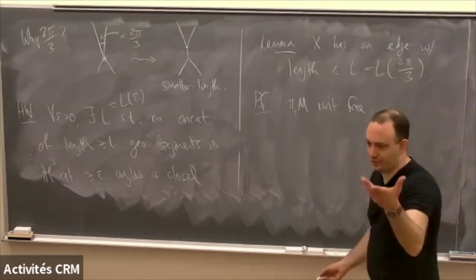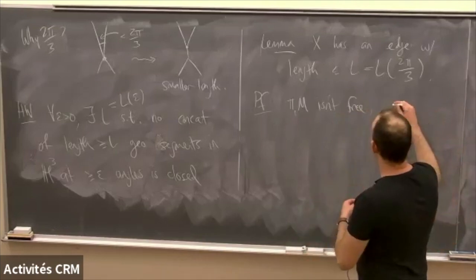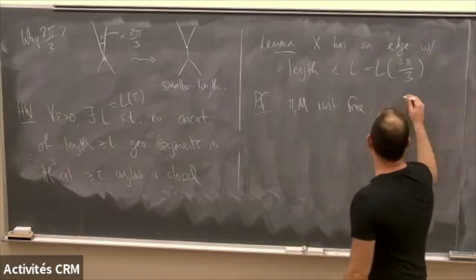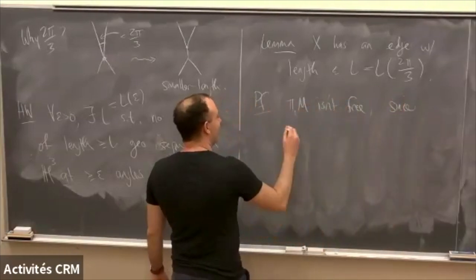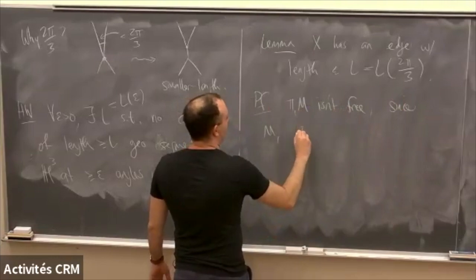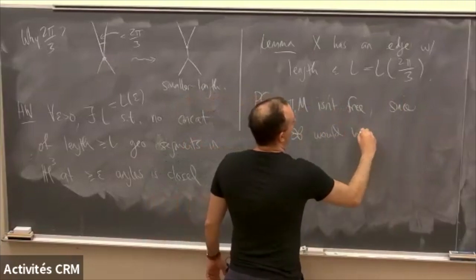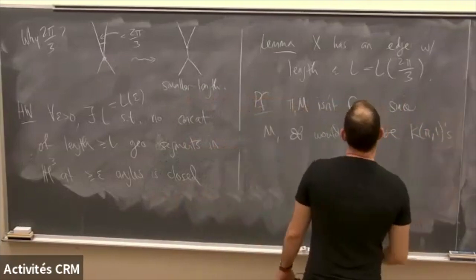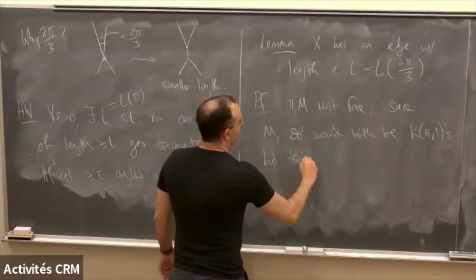So M and a graph would then be both K(pi,1)s, but they're not homotopy equivalent.